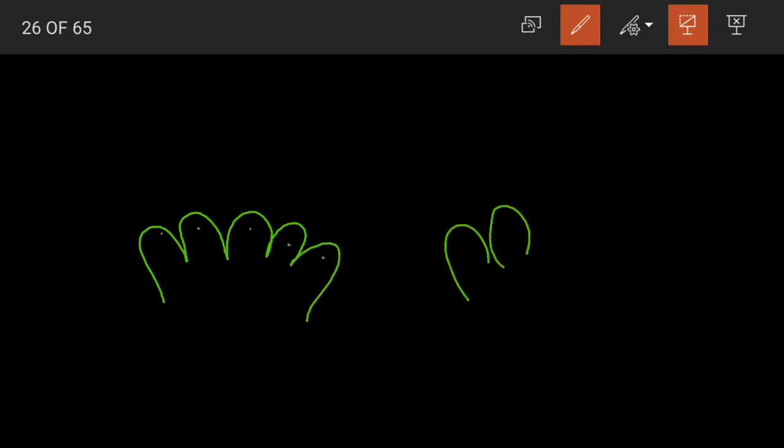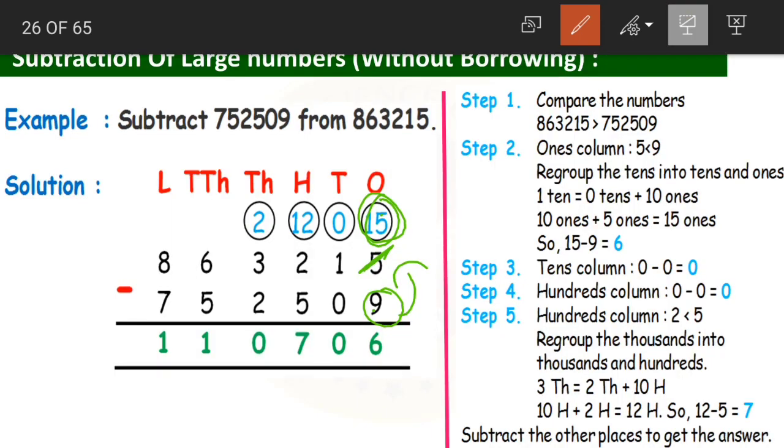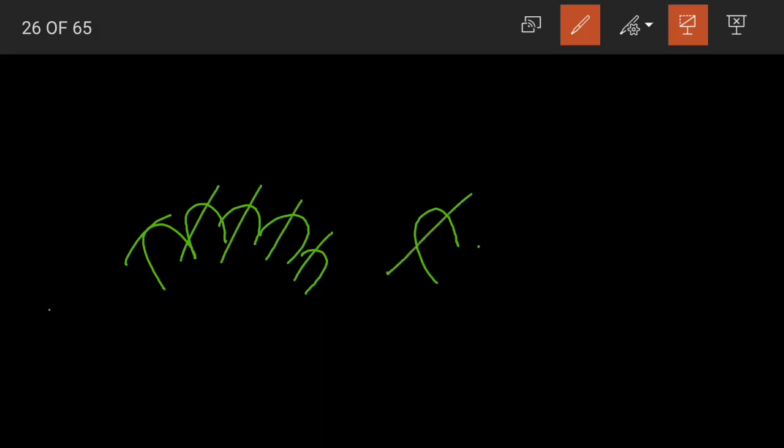Sorry, from 9, right? 9, 10, 11, 12, 13, 14 and 15. So how many fingers? 1, 2, 3, 4, 5, 6 fingers. Yes, from 9 we have started counting.